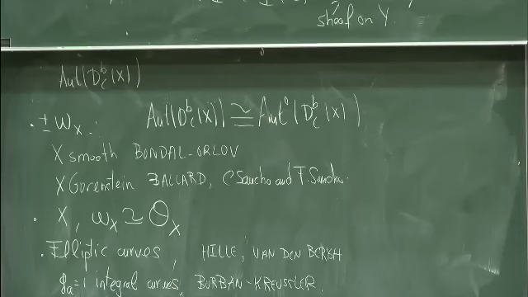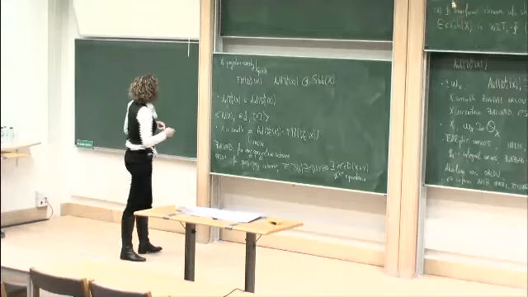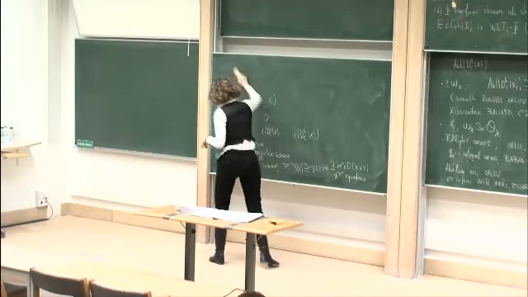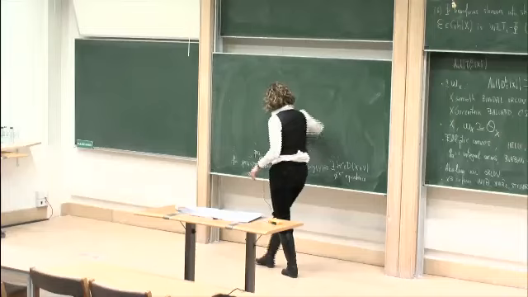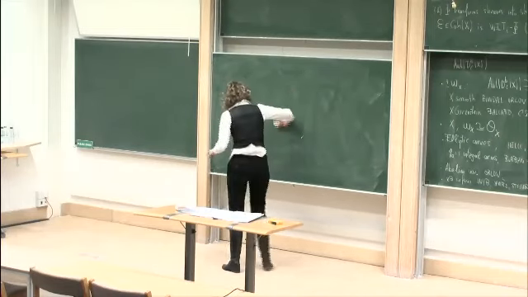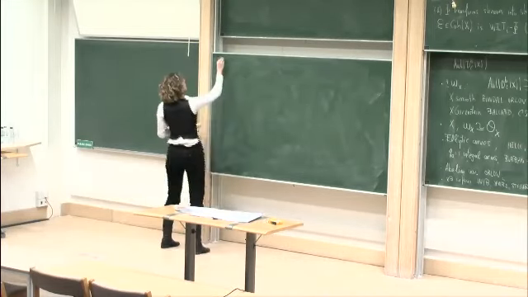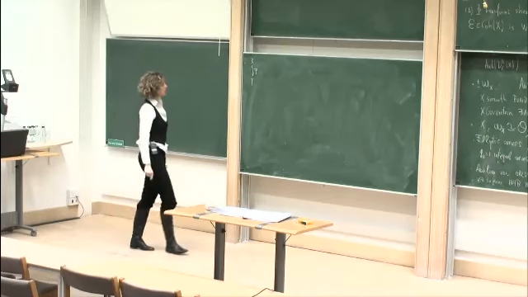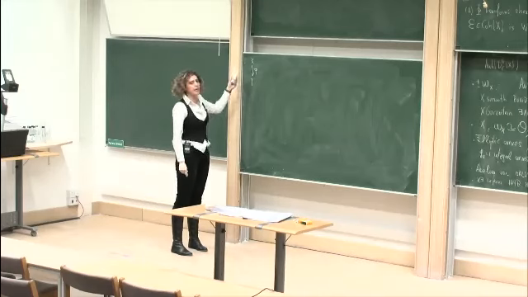So let us return to the case of a variety that is fibered over a scheme T. So if your scheme is fibered over T, it is quite natural to look at the group of autoequivalences that are T-linear.